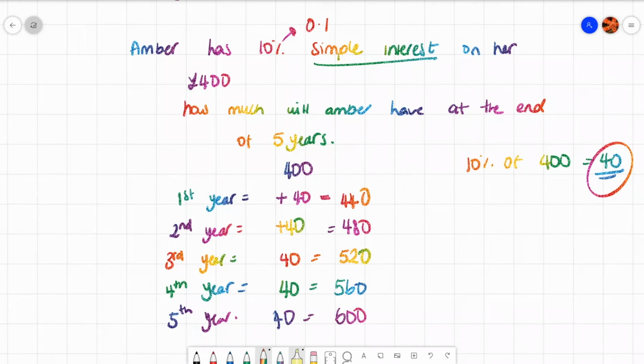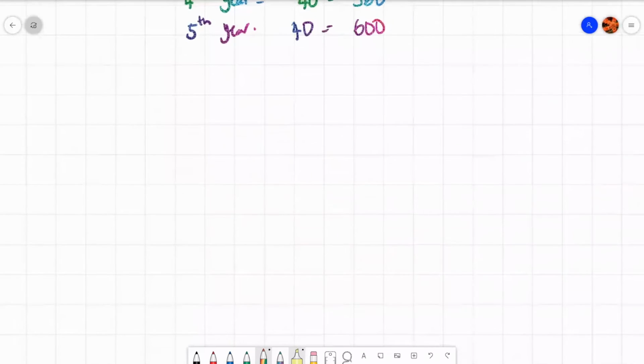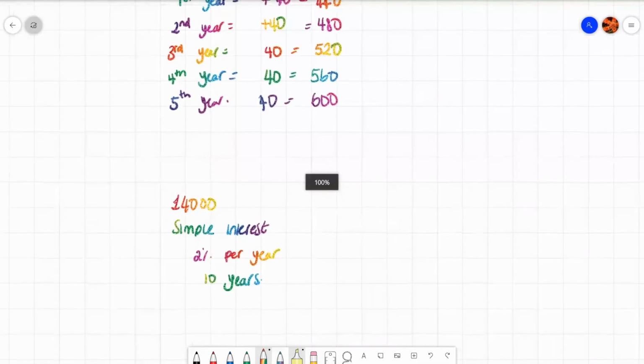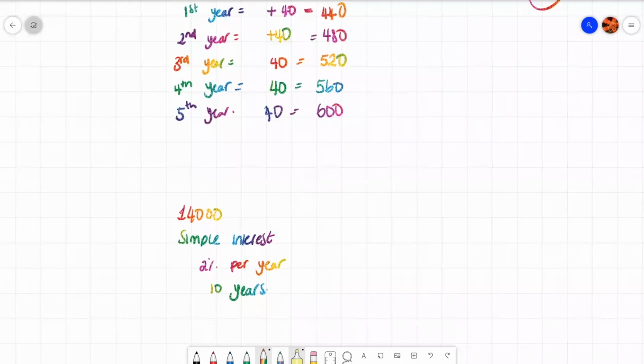Okay, so let's have a look then at another question of simple interest. So we're going to say I have £4,000 in my bank account and I'm getting simple interest this time at 2% per year. How much money will I have at the end of 10 years? Now, I could write first year, second year, third year and so on, or I could do a shortcut.